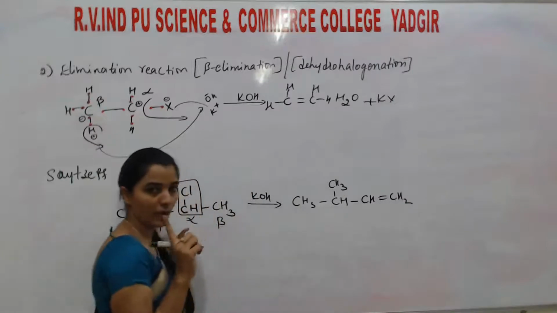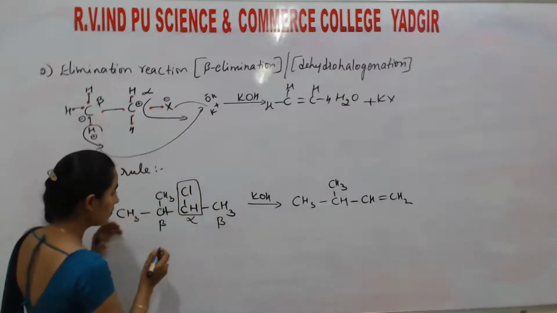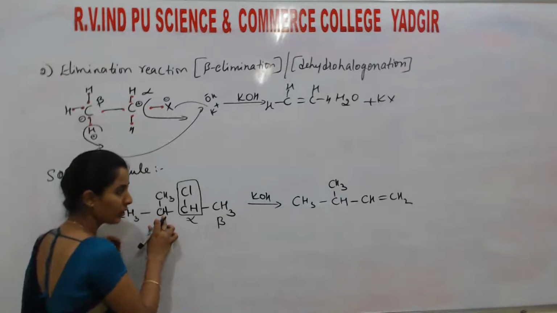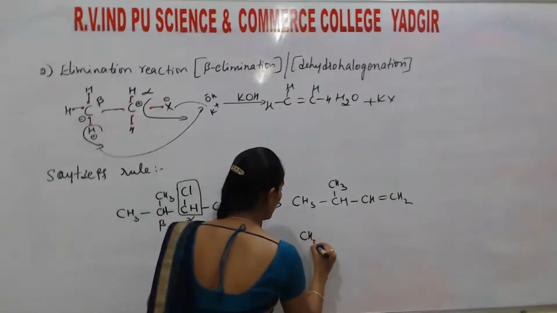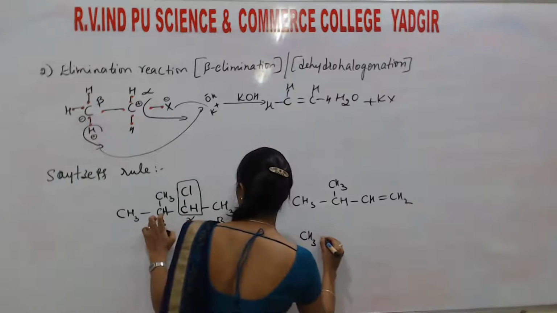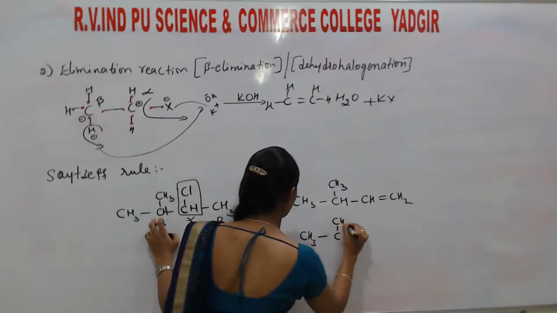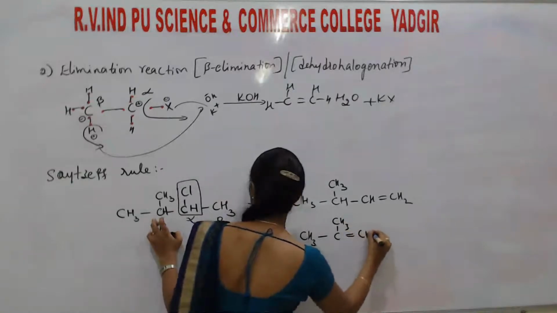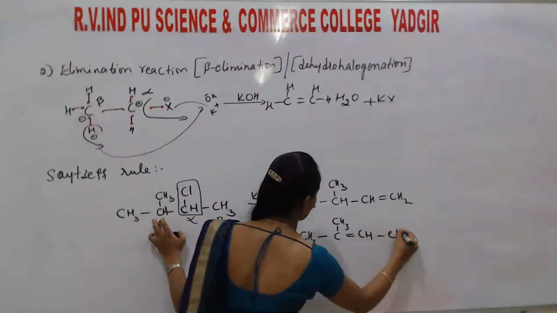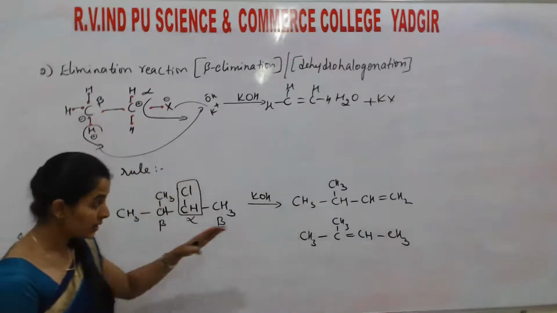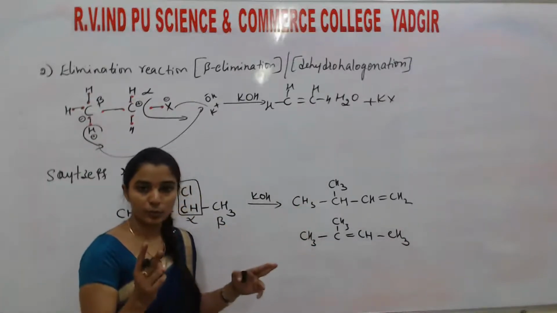That is one type of compound. If instead hydrogen is removed from the other side, then we get CH3, single bond, C, CH3, double bond, CH, CH3. So there may be two products.